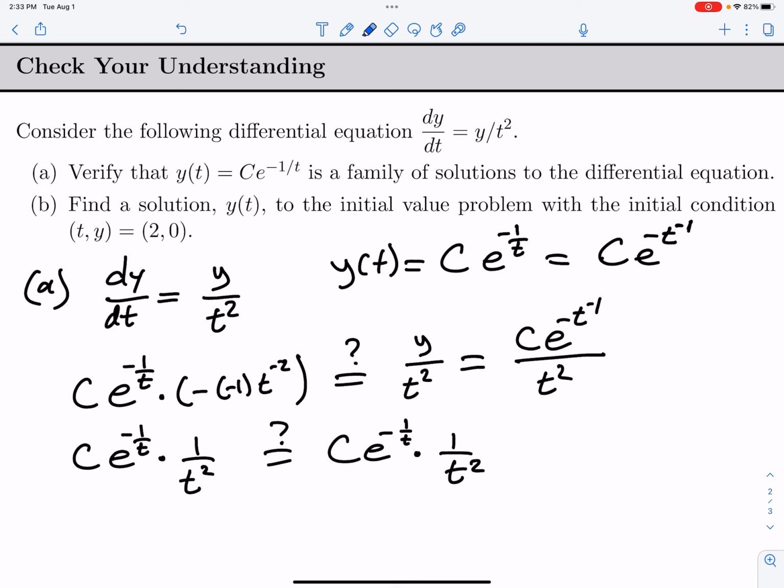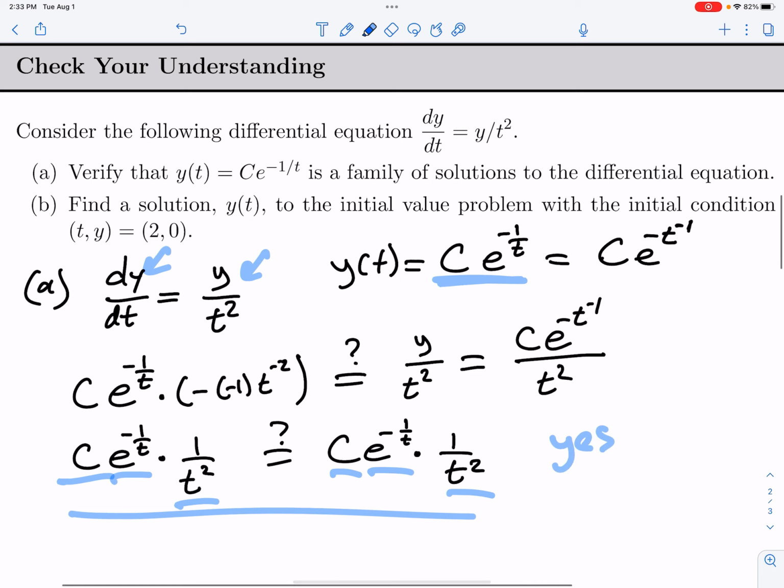And now you can see that this is matching up exactly with that. So yes, this function here solves the differential equation because its derivative is equal to the function y divided by t squared. That checks out. Okay, so yes, it is a solution.